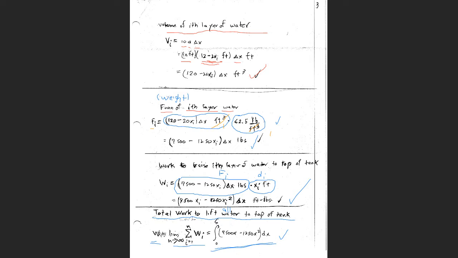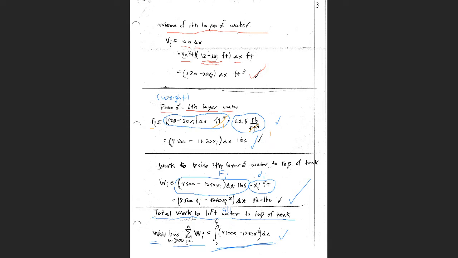Okay, are there any questions? Any questions at all? Well, for volume, you can have length times height times width, or length times width times height, or width times length times height. It doesn't matter.